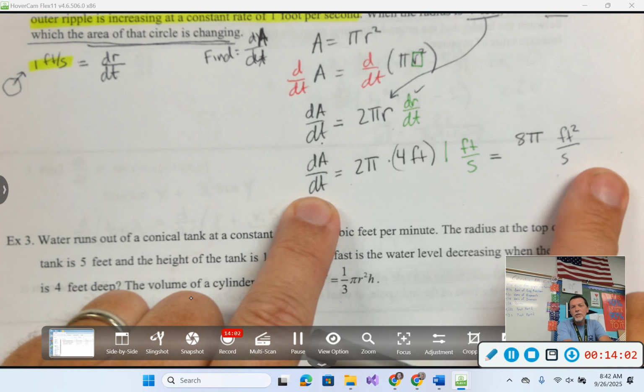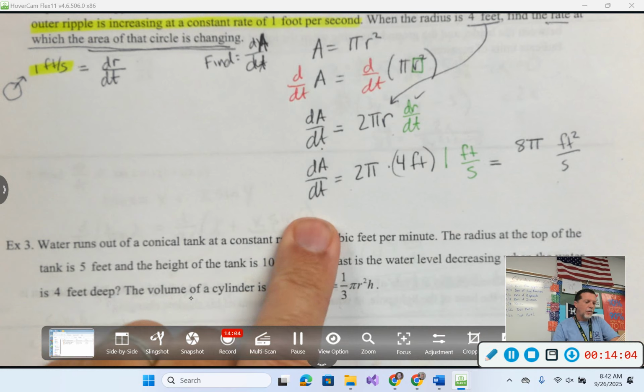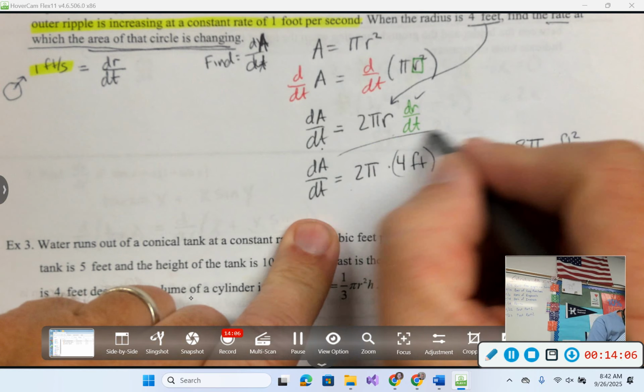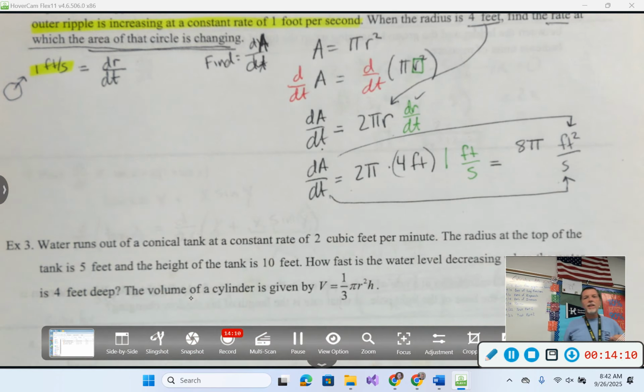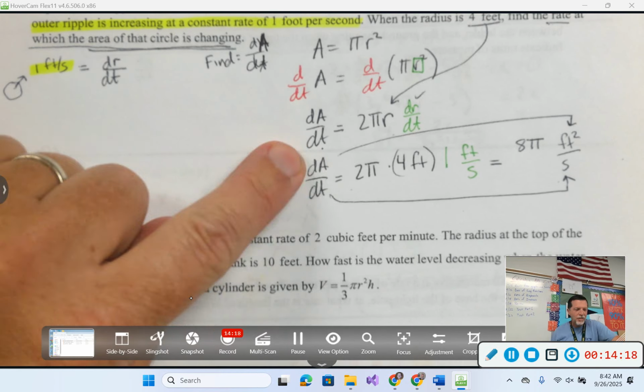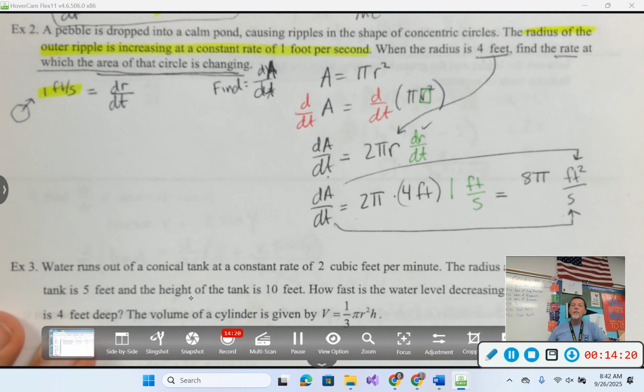The other way to do this problem is to just know that if it asks for dA dt, you're already going to know what the units should be. That's, I think, how most people do the problem. That way you can get the units right without even getting the problem right, because it has to be feet squared per second. And there are problems on my test and on the AP test where one of the questions will say include units.